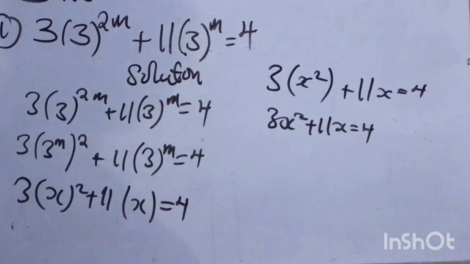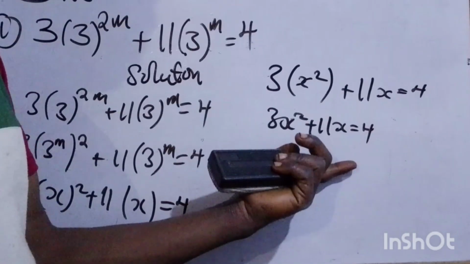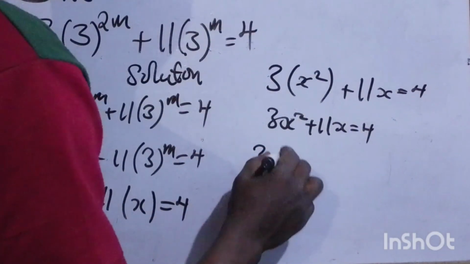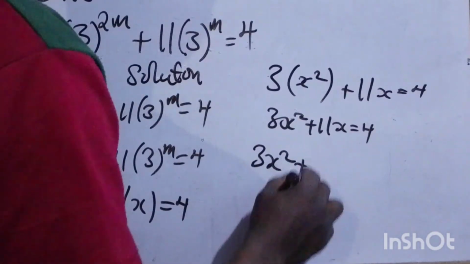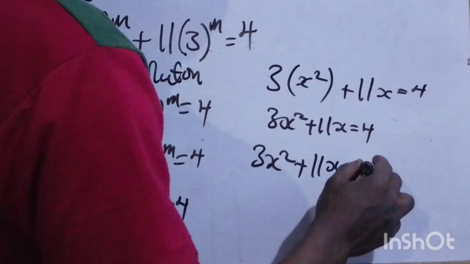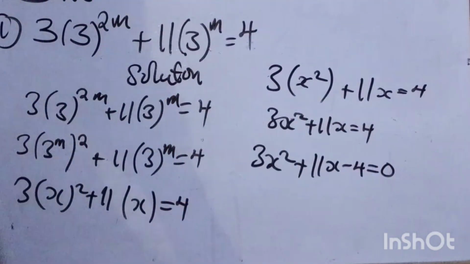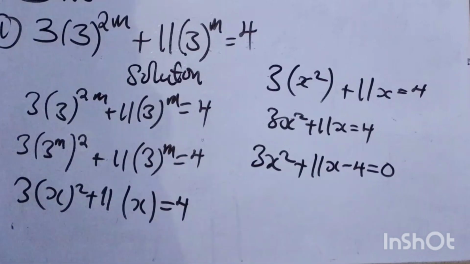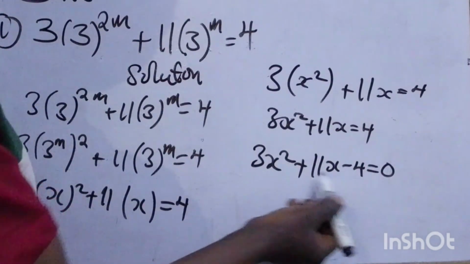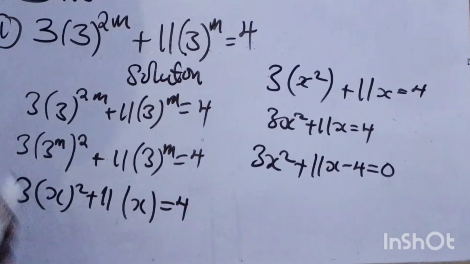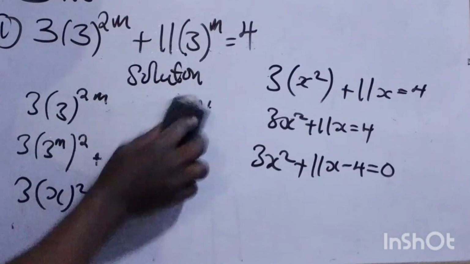Now you take the equation into standard form: 3x squared plus 11x minus 4 equals 0. If you reach here, this is where an interesting thing is. For us to find the value of x, we must use factorization.